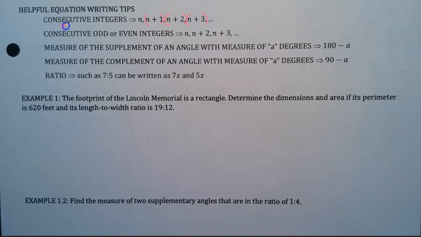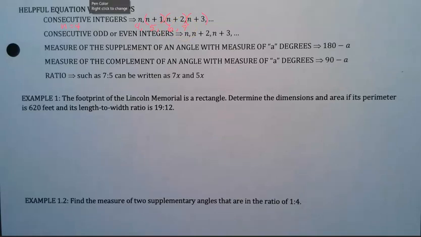So say n was 4. N would be 4. N plus 1, so 4 plus 1 would leave you with 5. N plus 2, 4 plus 2 would give you 6. N plus 3, 4 plus 3 would give you 7. So I'm getting a list of consecutive integers by using that notation.